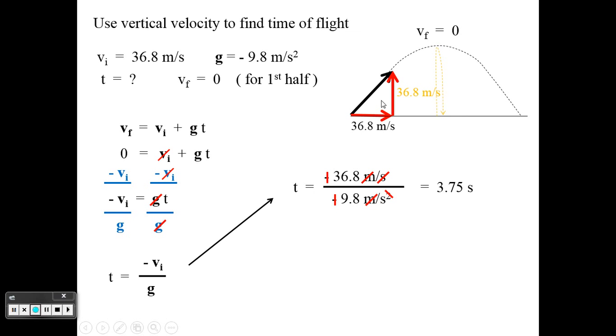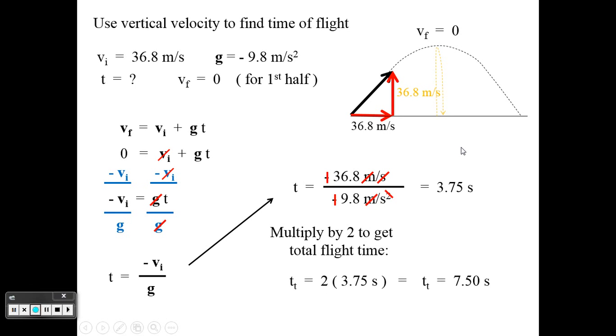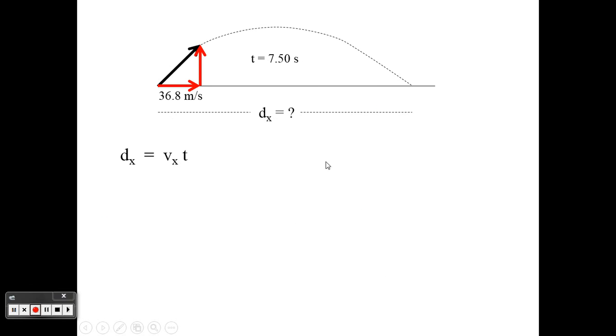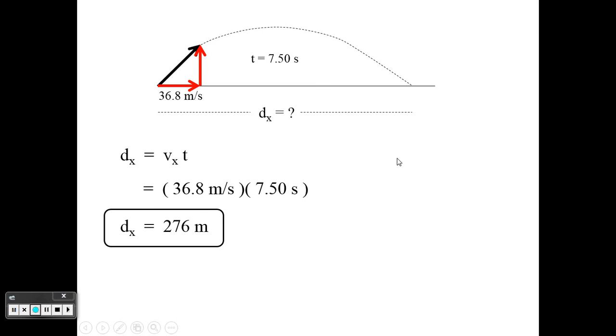The total flight time can be found by multiplying by 2, and so the total flight time is 7.50 seconds. Now we know v sub x, and we know time. So let's insert these into the problem, and our final answer is 276 meters for the range. Fairly well hit golf ball.